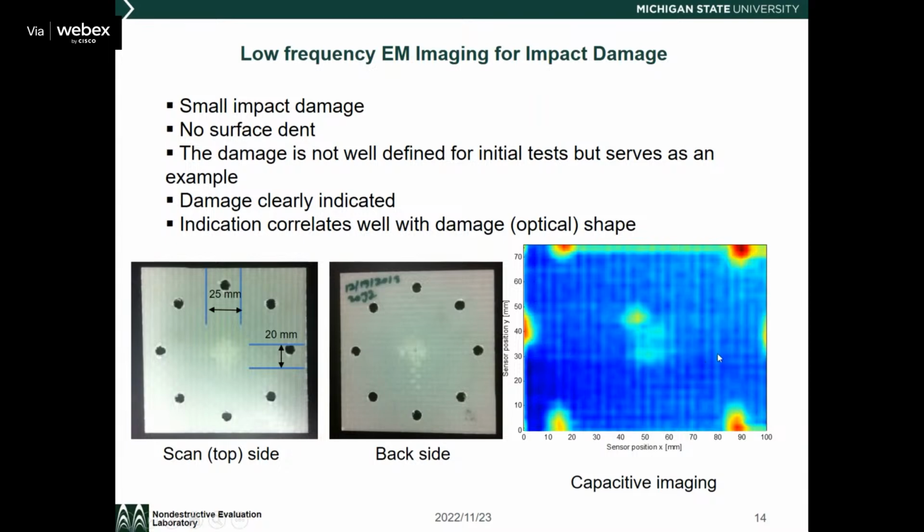Then you can use the right NDE method here, the capacitive measurement, and do the data reconstruction. And we'll have an interesting example very soon showing the correlation between EM and optical techniques. While the ultimate method is to do this destructively, right? You can actually cut it and look at it under the microscope, then you can see the correlation between different methods of imaging.